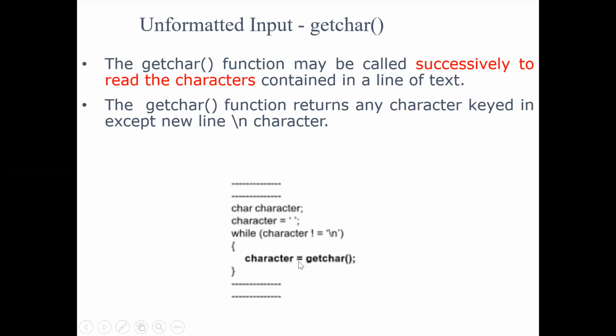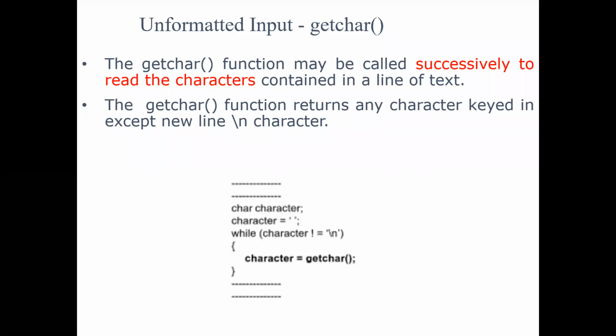So getchar can be used in order to read a string of characters, right? There is another function for reading a string that I will tell you, gets. But now, using getchar, you can read more than one character within a while loop.